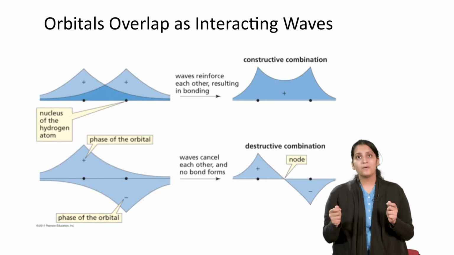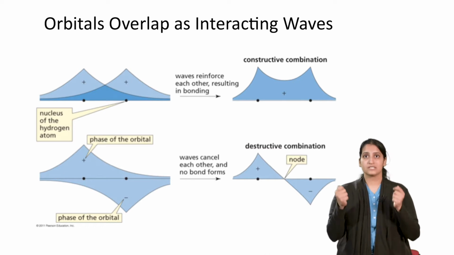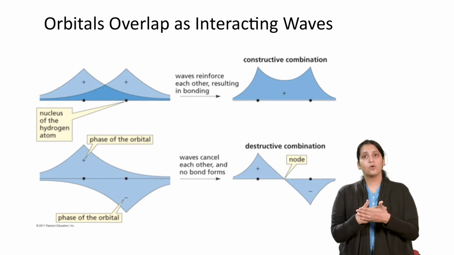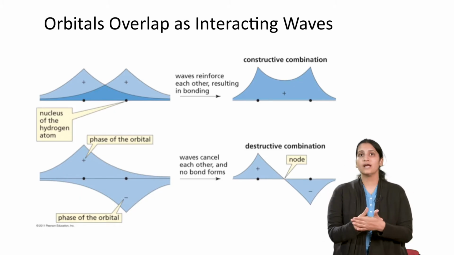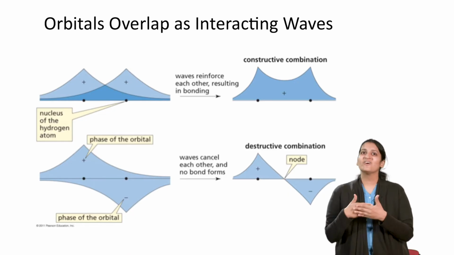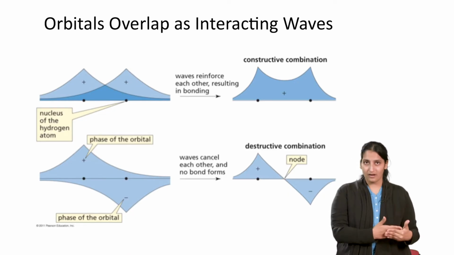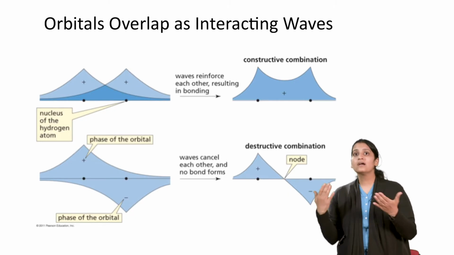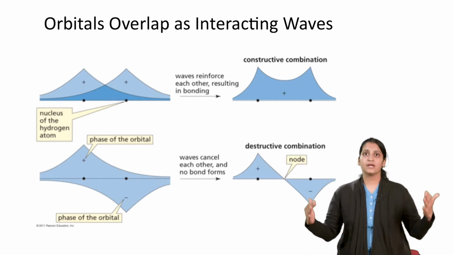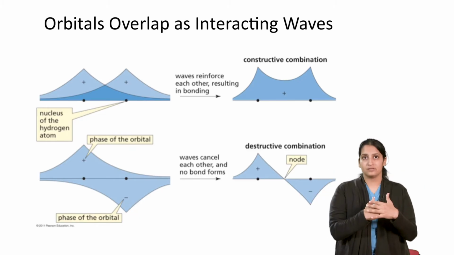So, we talked about how orbitals are like waves or standing waves, and we have to also think of this orbital overlap like a wave overlap. In the case of the hydrogen-hydrogen atoms, the orbitals were overlapping. So, imagine two waves going and combining together.